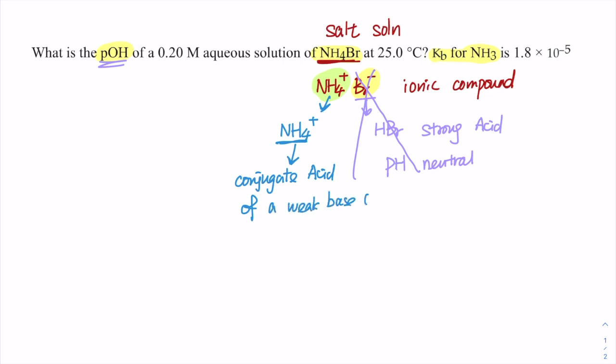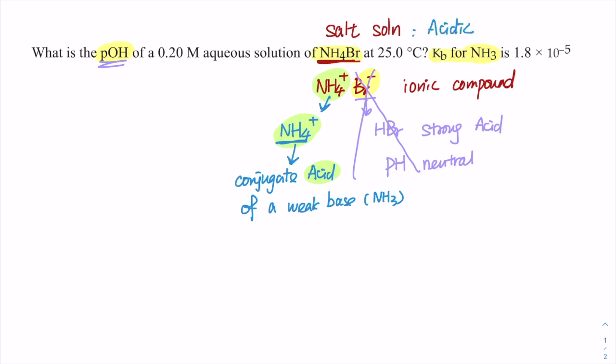The weak base is ammonia, NH3. Ammonia itself is a weak base, and when it accepts a proton it becomes this conjugate acid, the cation we're studying here, the ammonium ion. Its identity is a conjugate acid, which is going to make this solution acidic.